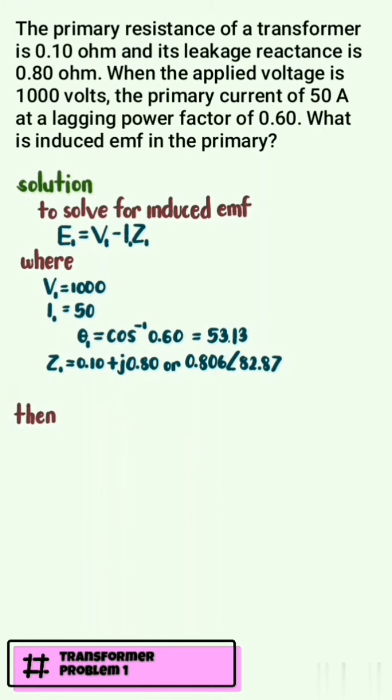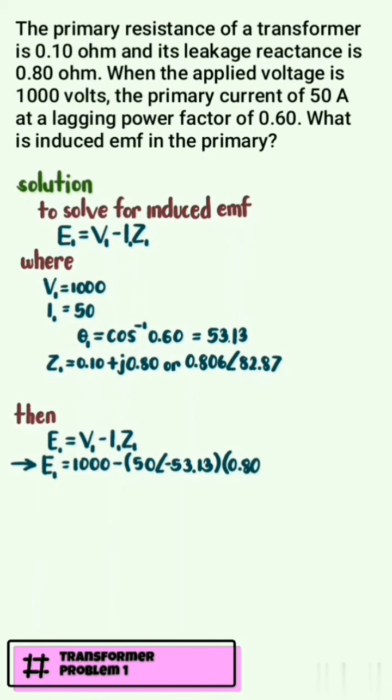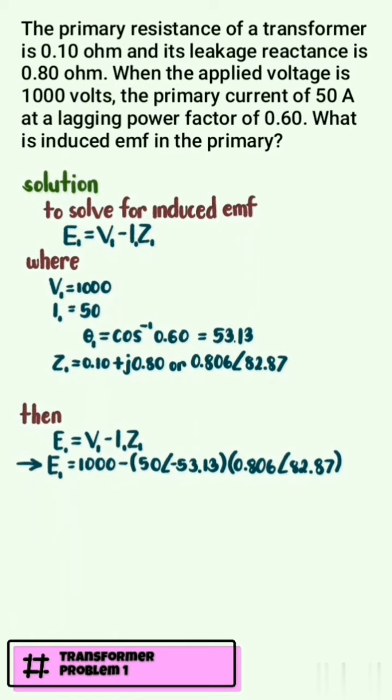Then, substituting all the acquired values to the formula E1 equals V1 minus I1 times Z1. So now we have E1 equals 1000 minus 50, angle of negative 53.13, times 0.806, angle of 82.87, where I1 times Z1 is equal to 40.4, angle of 29.44.